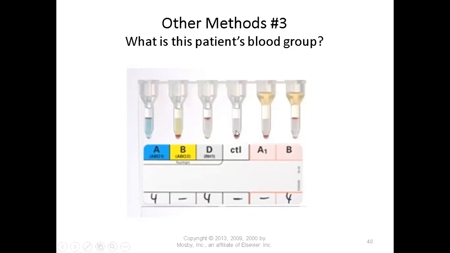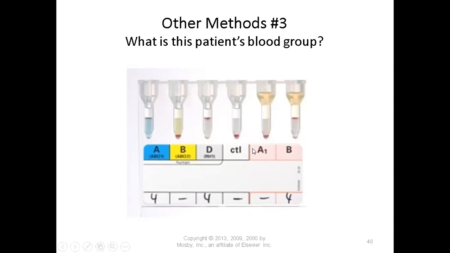The patient control is negative, which is good, which means we're not having any kind of weird agglutination, patient agglutinating themselves, which could mask the true reactivity of our test system. Then we get into the reverse typing.